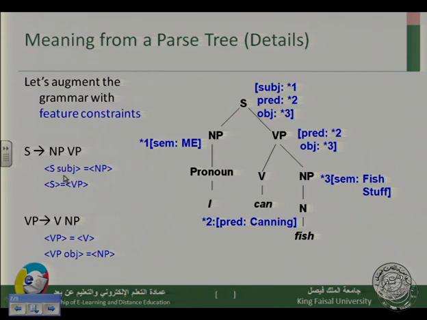The fish stuff is the object, and here we have the verb. Canning is the verb. All of these are called feature constraints. We constrain the meaning. We constrain the part of the language so the computer understands it in this way. So the computer cannot understand anything else but what's been told to it.